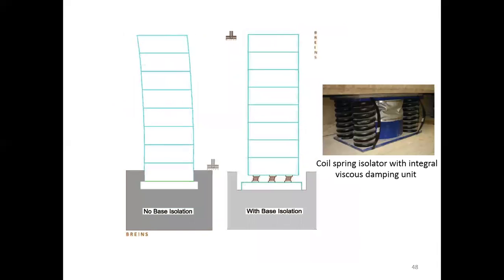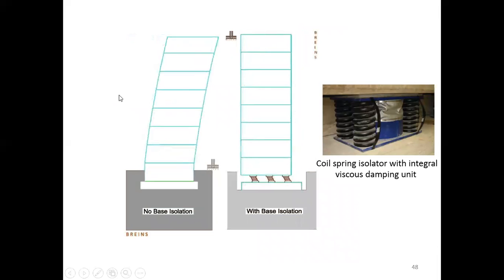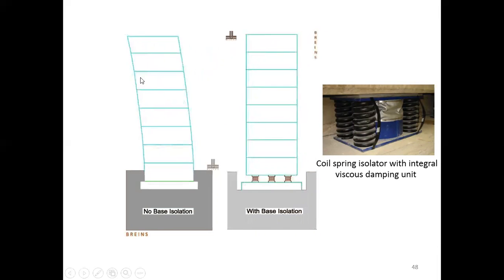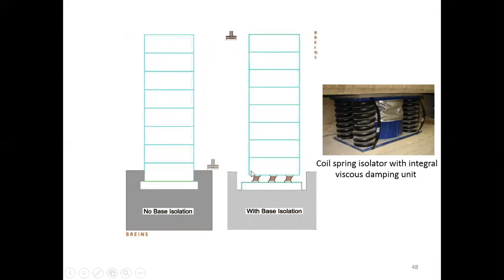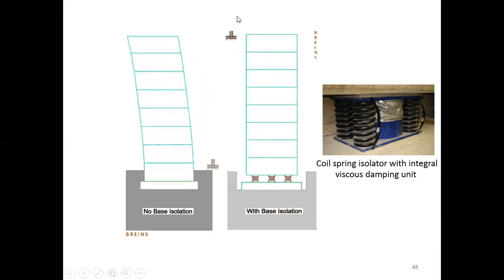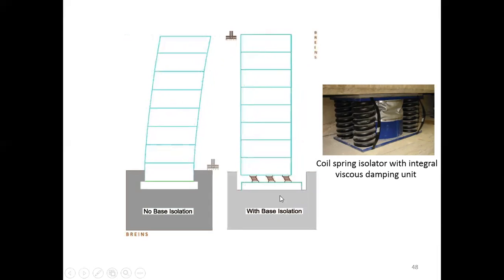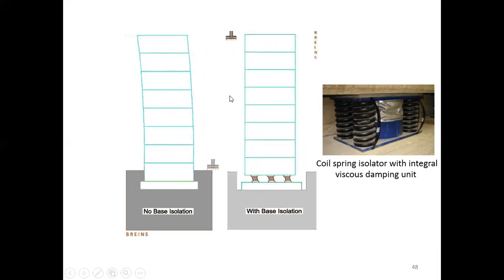This is the example. If we are not applying the base isolation, then the whole body is going to vibrate. If we are using the base isolation, then the whole body is not going to vibrate, right?